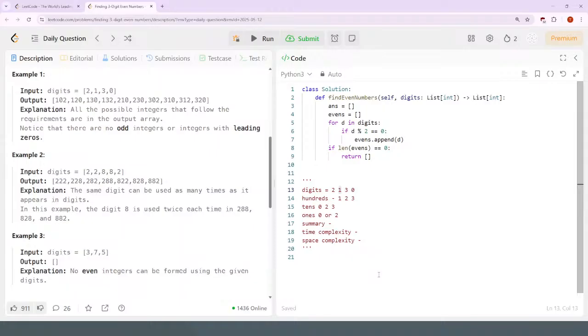Two, 0, 1, 0, 2, 1, 2, 0. Start with an even number. Make that your hundreds. Have some method to reverse.